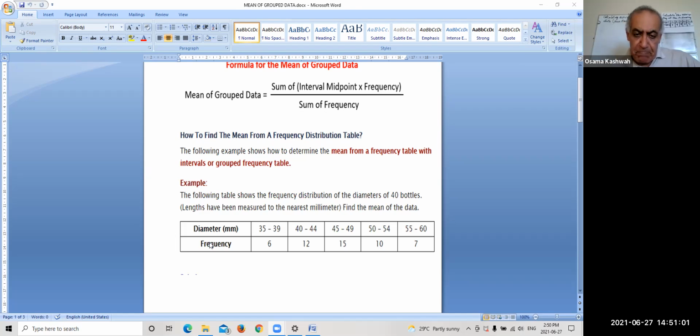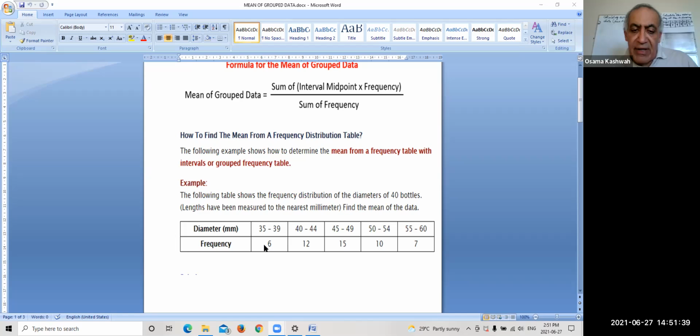Here, the following table shows the frequency distribution of the diameters of 40 bottles. I got 40 bottles and checked the diameter of each of them. So now it is organized, or grouped. Grouped means it's divided into categories. The first denomination is from 35 to 39.